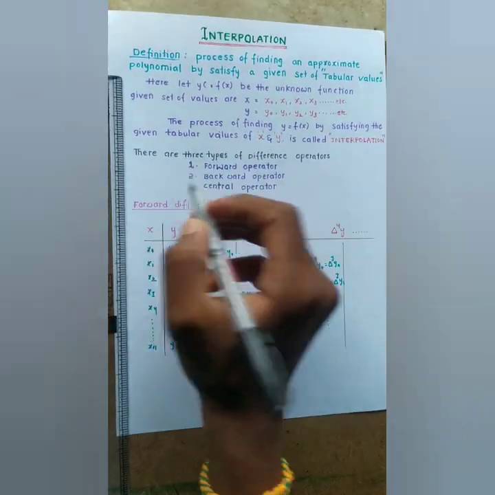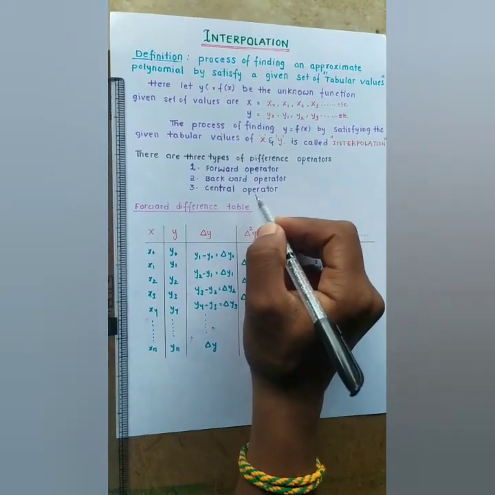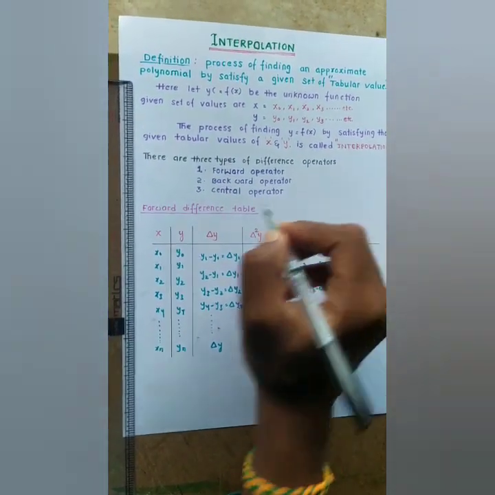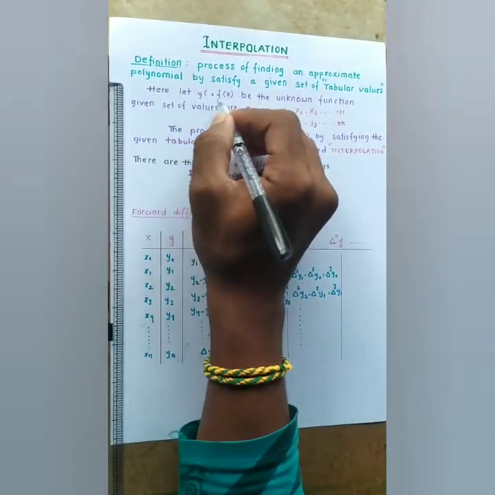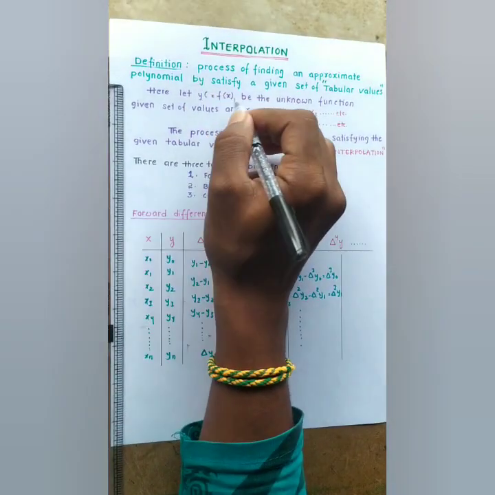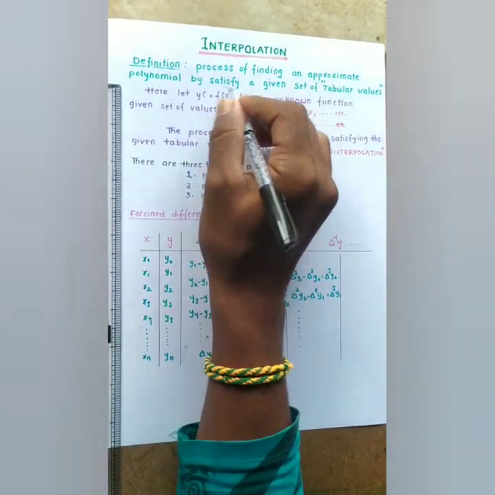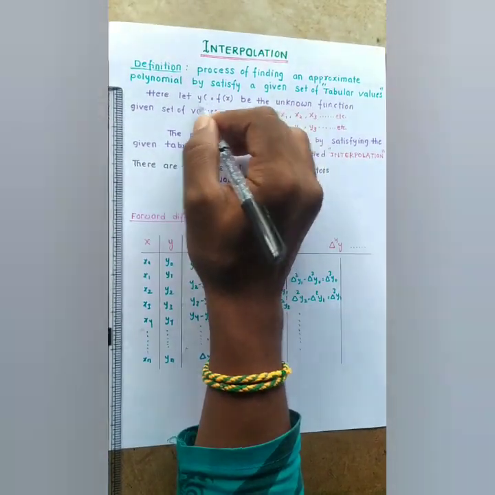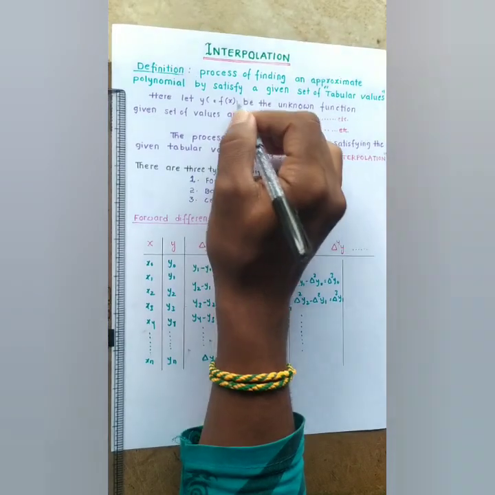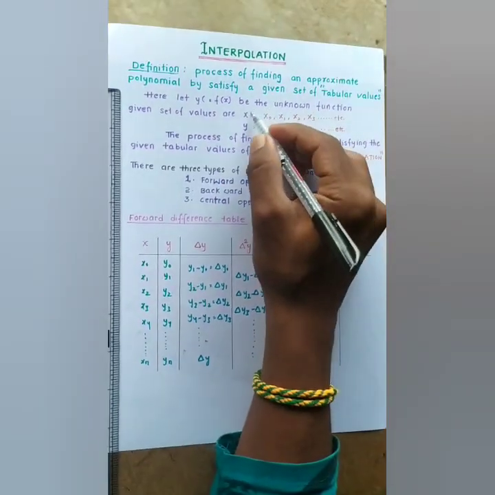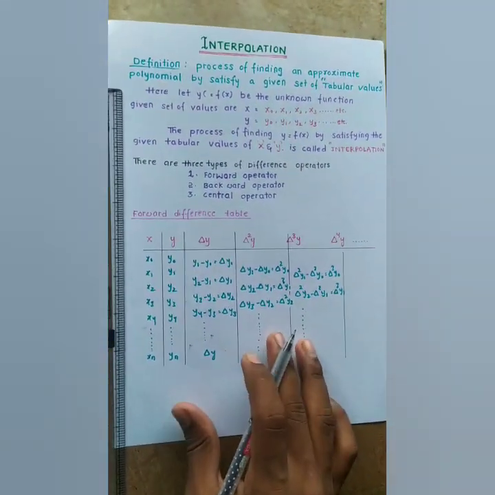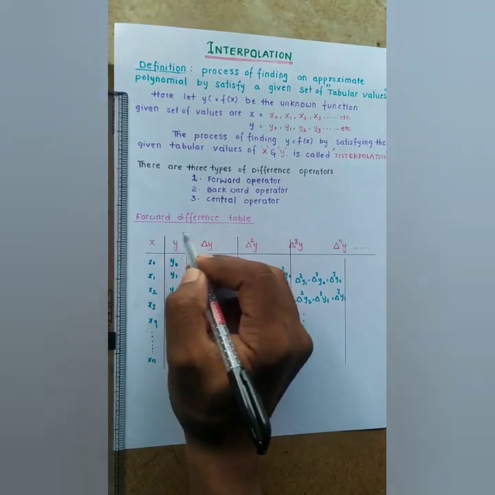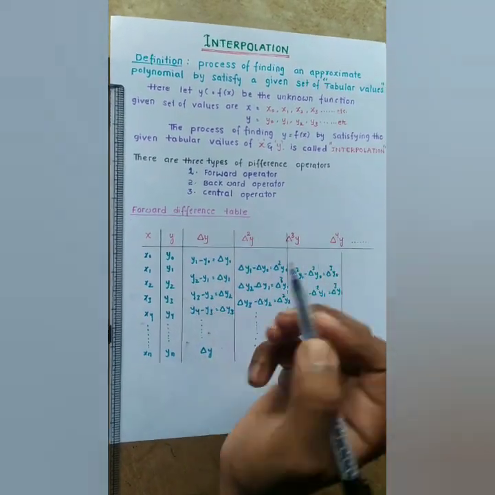In the given problem the values of x and y are given, and we are asked for the unknown value y is equal to f of x. For finding the unknown value using the x and y values, first we draw the forward difference table.